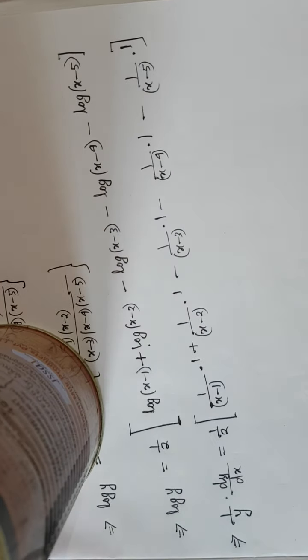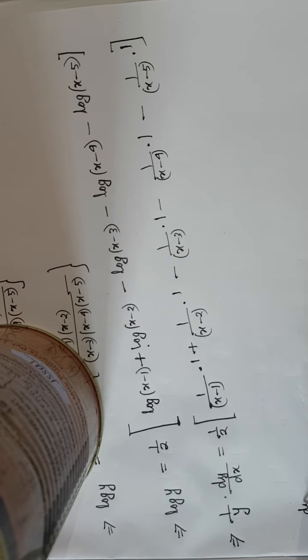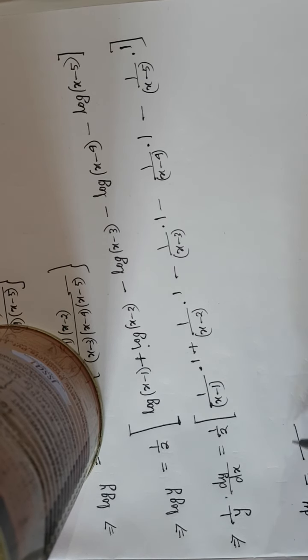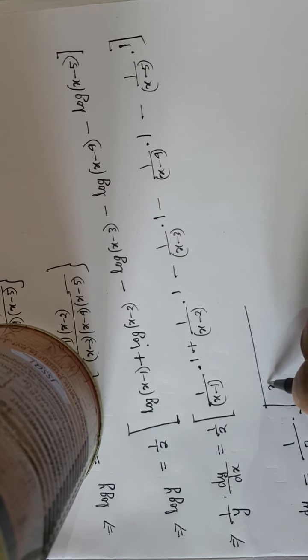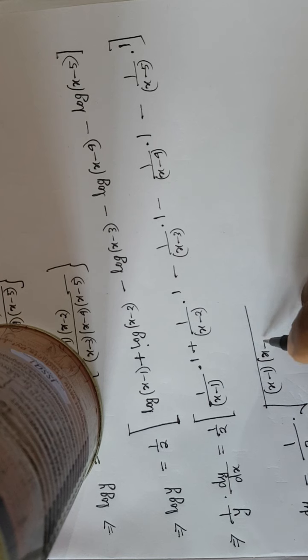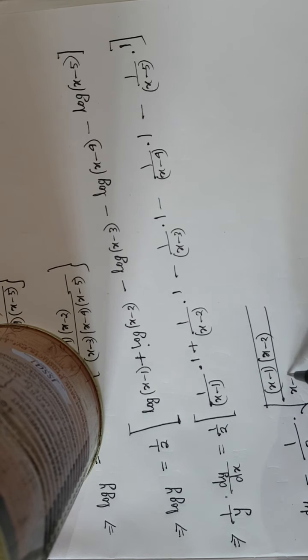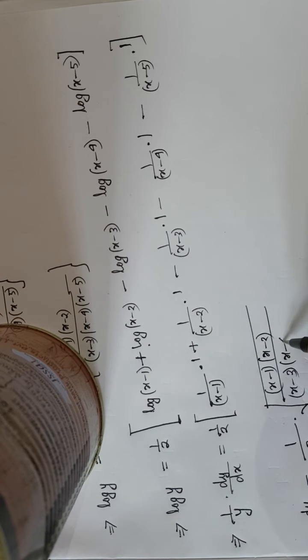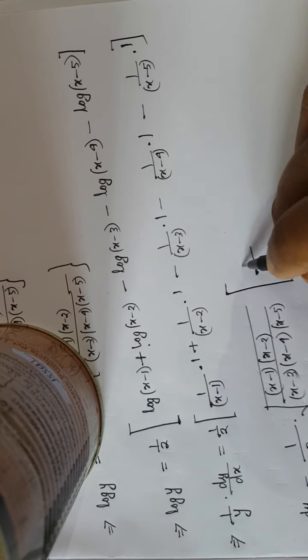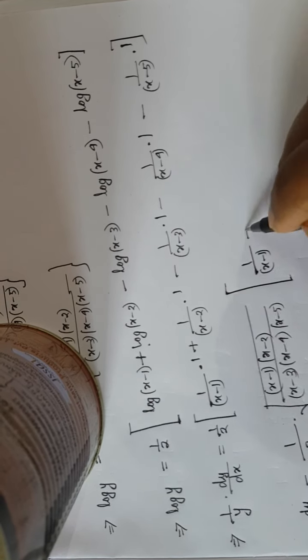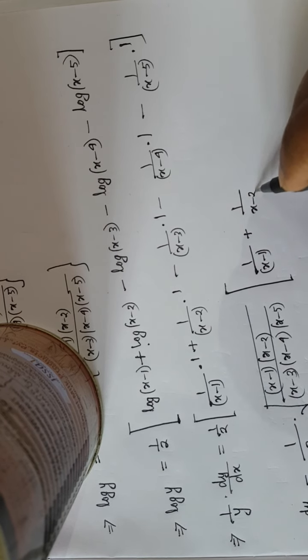That's why your answer will be dy by dx is equal to, this y gets multiplied, 1 by 2 into y is equal to (x minus 1) into (x minus 2) divided by (x minus 3)(x minus 4)(x minus 5). If you have spare time, you can take the LCM and calculate the value, but I will keep it up to this.